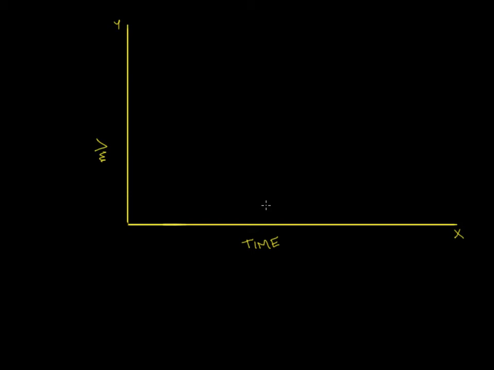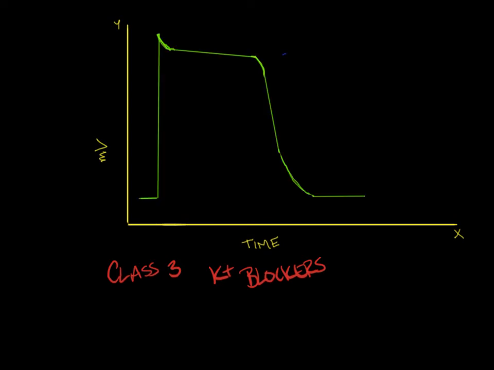Our next class of drugs is class 3, or potassium channel blockers. These are going to have an effect on non-nodal cardiac action potential, and specifically is going to affect phase 3.